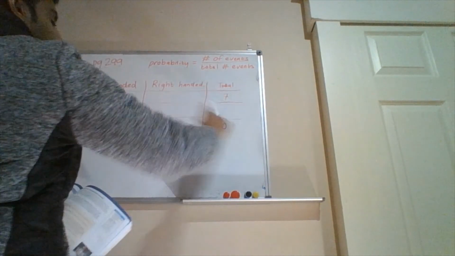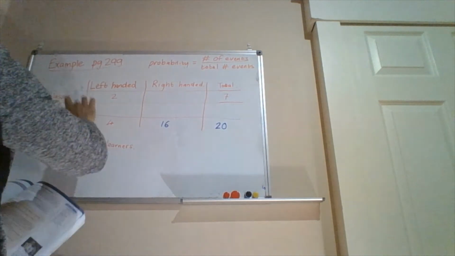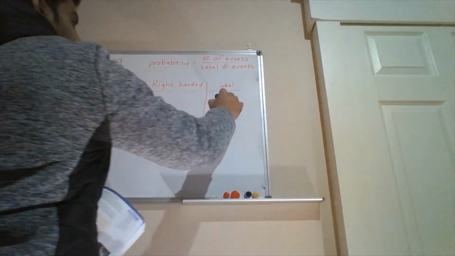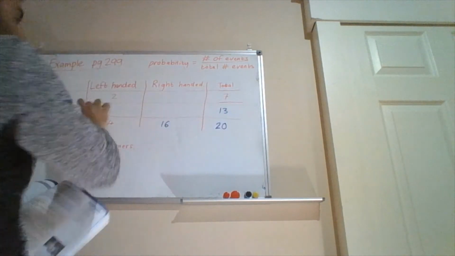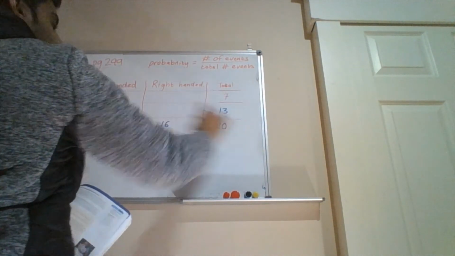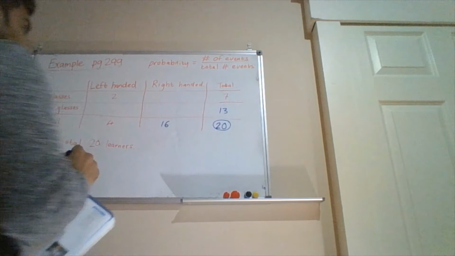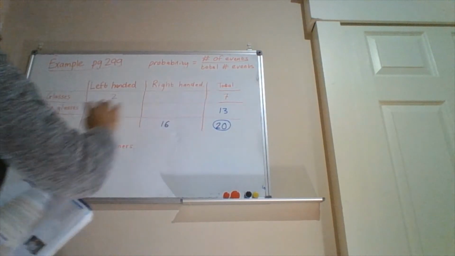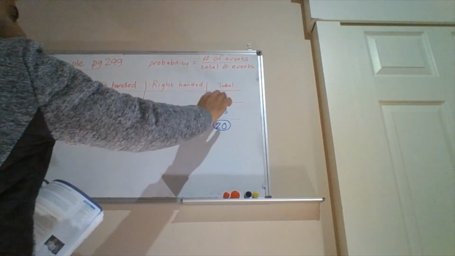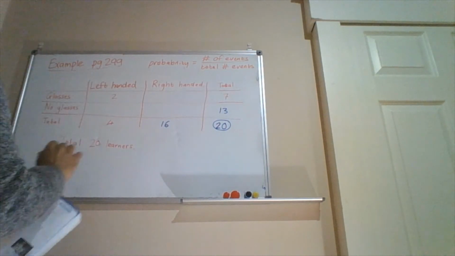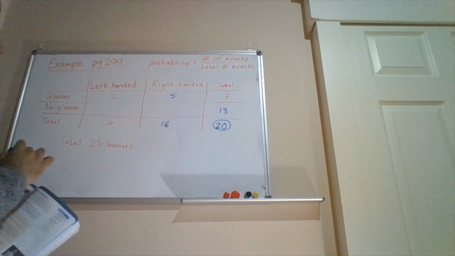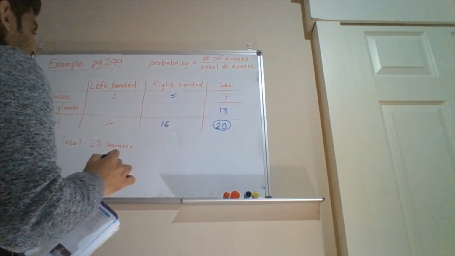And similarly, if we go down this way and we're looking at the split between glasses and no glasses, there must be 13 with no glasses, because the 7 and the 13 must give us 20. Along this row, if there are a total of 7 with glasses and 2 of them are left-handed, then the number of glasses that are right-handed is going to be 5.